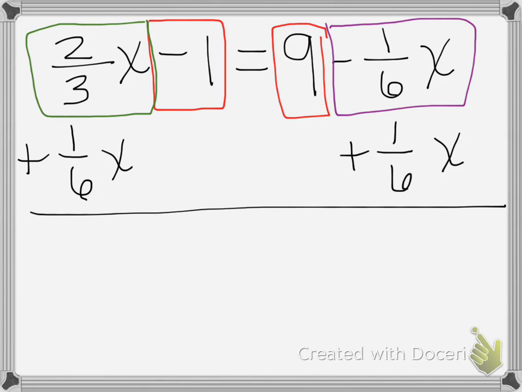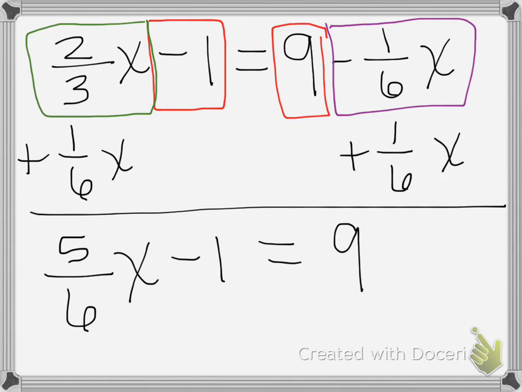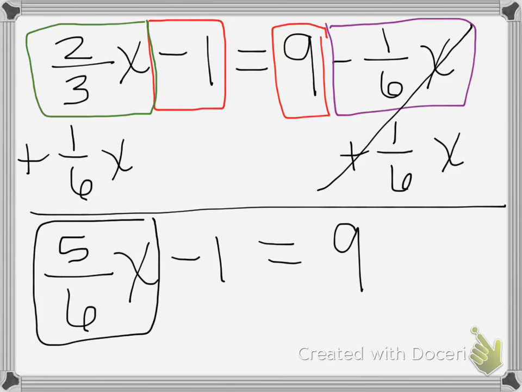And in doing that, you see that I have 5/6 on this side. If you were to add those fractions together, 5/6 of an x, negative 1 equals 9. This 0 pairs, goes away. So now, once again, I have to look at my positive 5/6 of an x, my negative 1, and I'm going to add 1 on both sides.